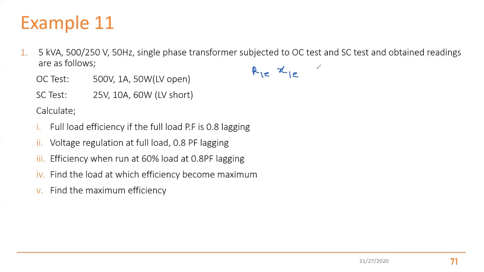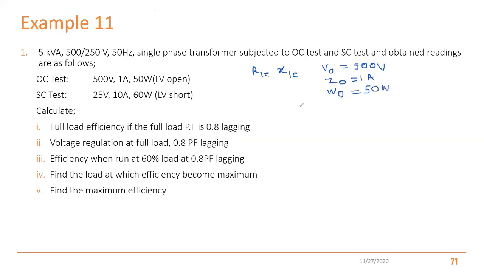V naught is known, V naught is 500 volt. I naught is given as 1 ampere, and W naught is 50 watt.